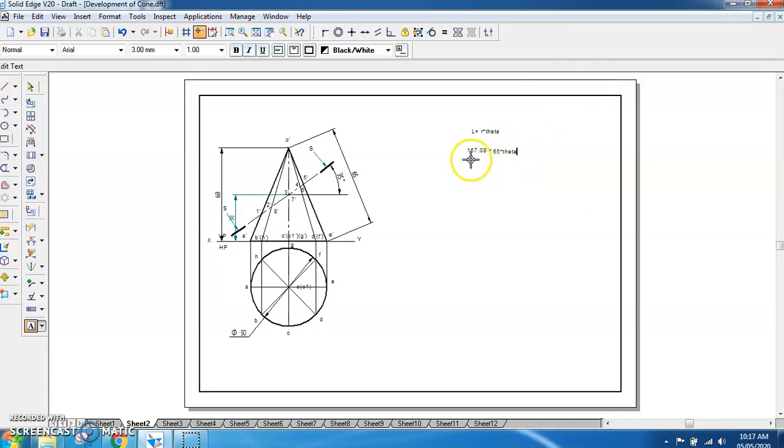So if you calculate, theta equals 157 divided by 65. How much will we get? 157 divided by 65, we will get 2.42.